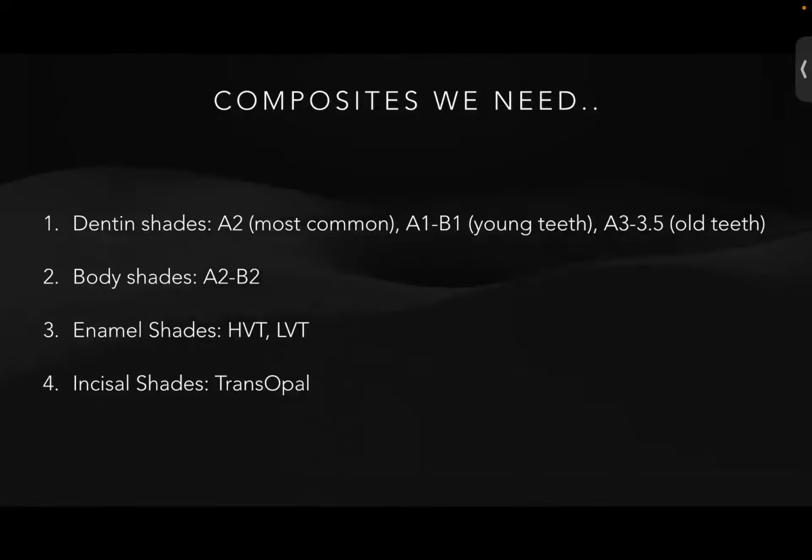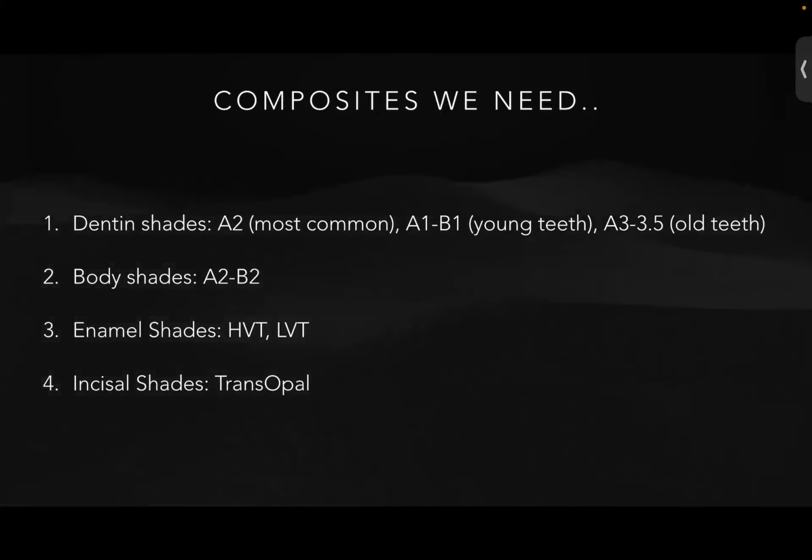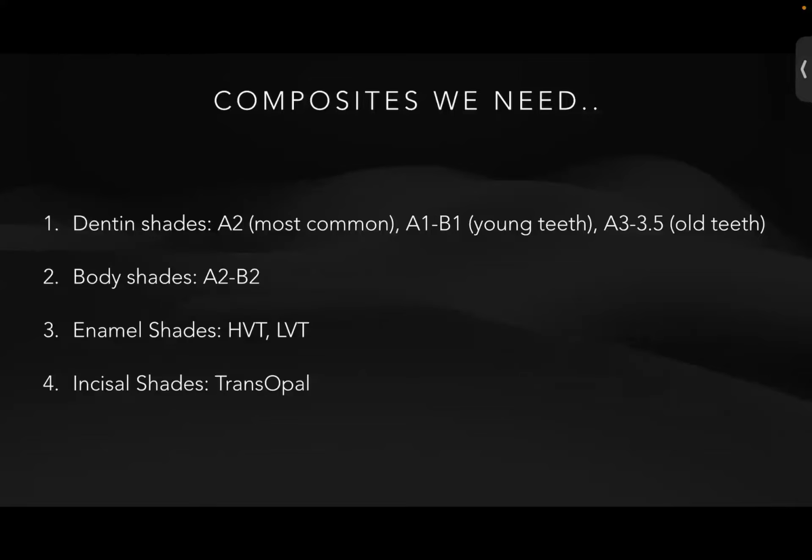Now when we talk about enamel shades, the only dimension we are talking about is value, right? A lot of brands market the enamel or translucent shades as A2, B2 or whatever it is, right? But what I think is we need enamel only in terms of value, like high value enamel composite or low value enamel composite, which is more bright or less bright, right?